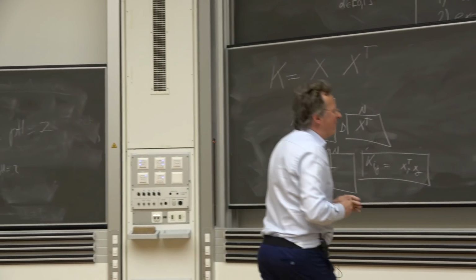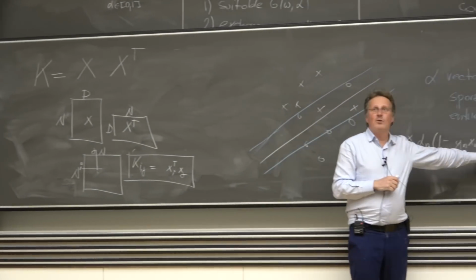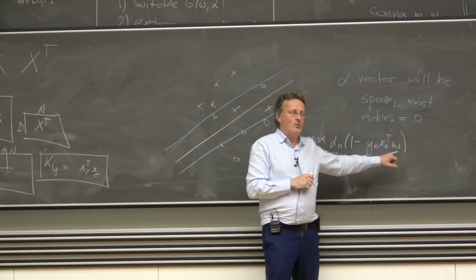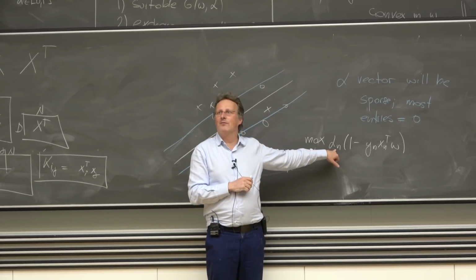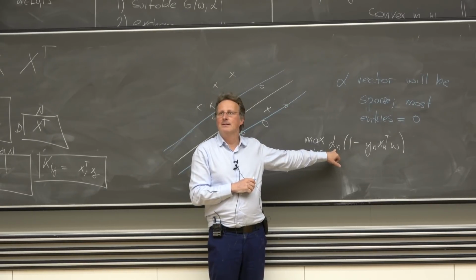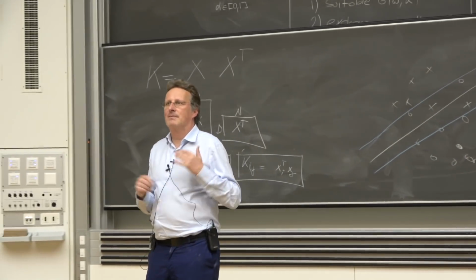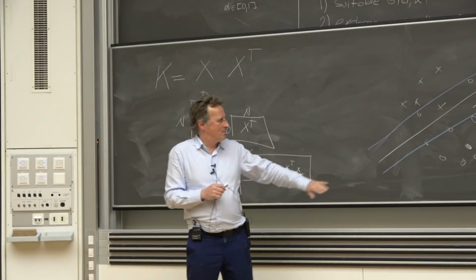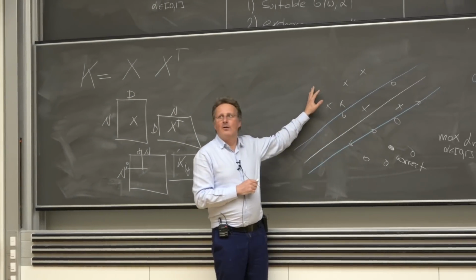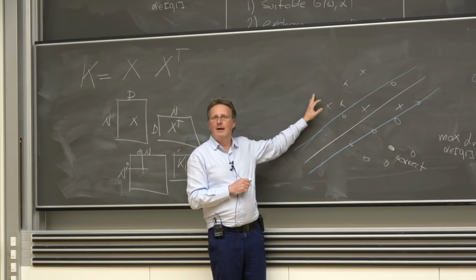So with the 1 minus, this thing here will be negative. And so what's the optimizing alpha here? It would be 0. So for points like this, the alpha is 0, they don't appear here. And since many points presumably lie outside here, we see why it's very sparse.